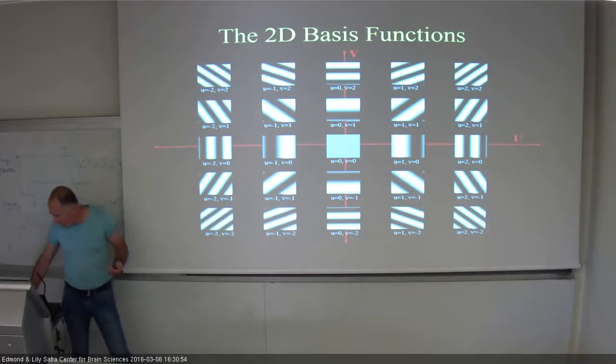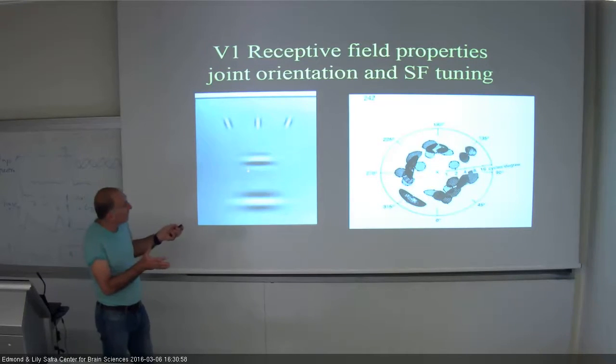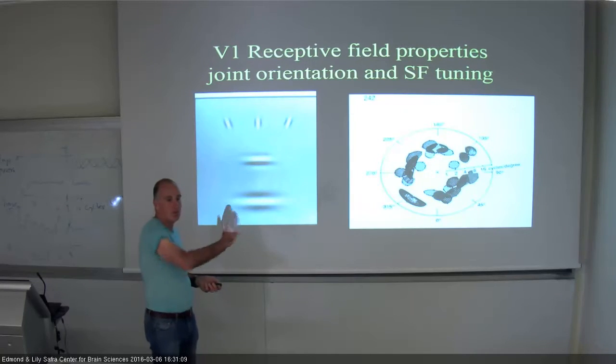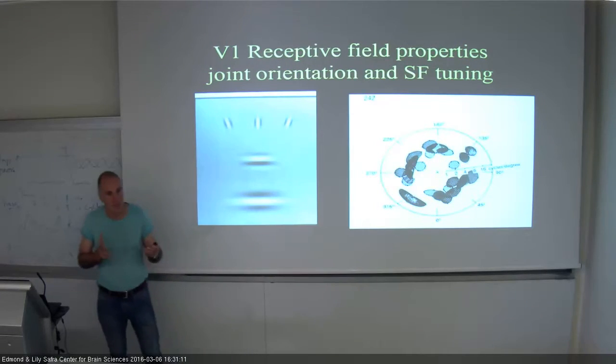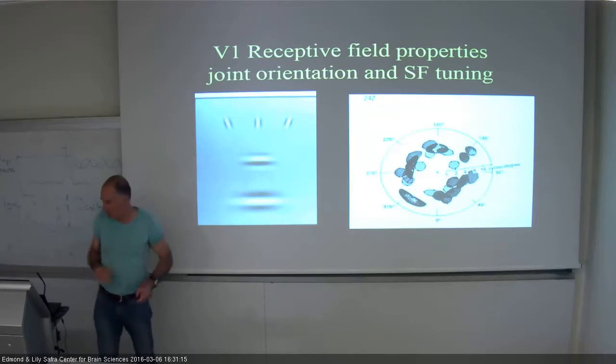Very similar to what I described here. There's a mapping of two elements. These are separate fields: in one, as you move here, spatial frequency becomes bigger, and as you change the angle here, it corresponds to a different orientation. So these are filters in two dimensions. One is spatial frequency, the second is orientation.